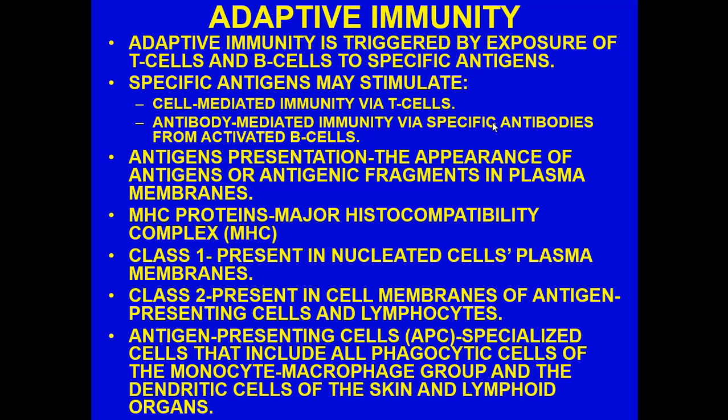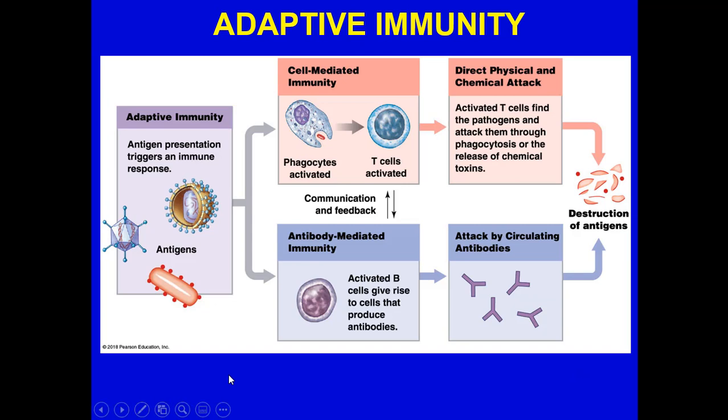If you go back to the chapter on the integumentary system and look at the very lower levels of the epidermis, you're going to have a cell called the Langerhans cells. Not the islets of Langerhans. Those are your dendritic cells in the lower parts of the epidermis.